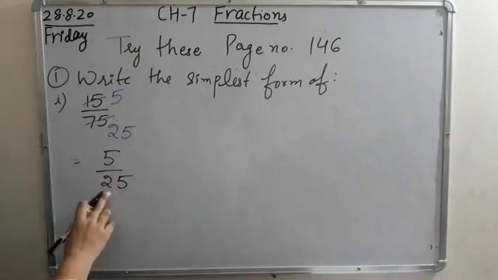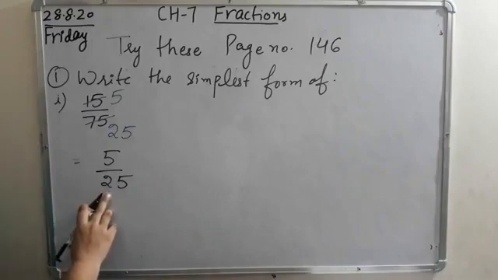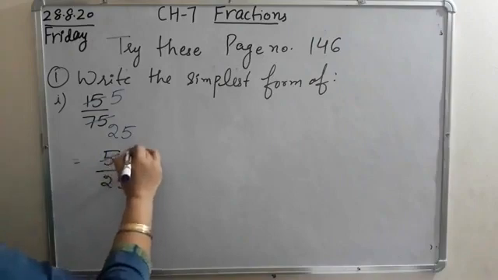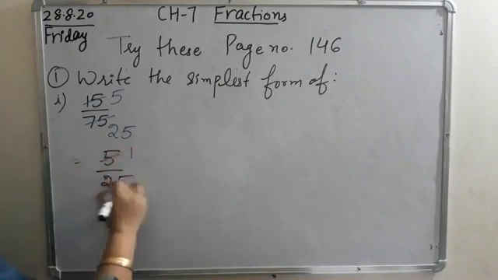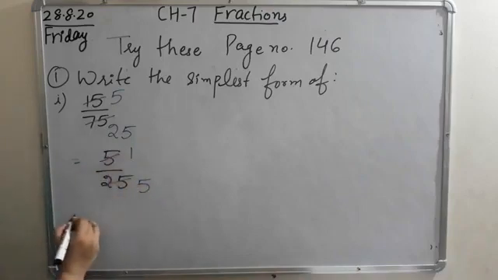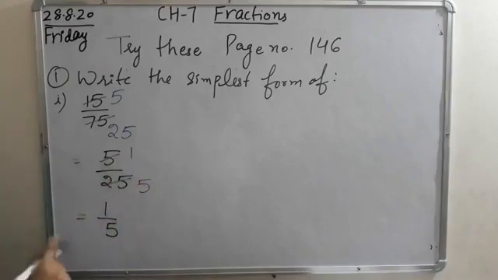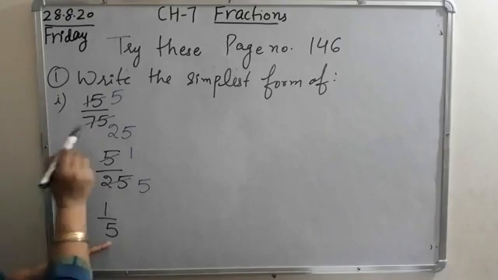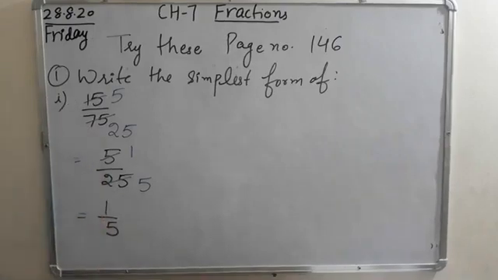Now in the second step we will make cancellation in the table of 5. 5 1s are 5, 5 5s are 25. After cancellation we will get 1 by 5 and further no cancellation is possible. So 1 by 5 is the simplest form of 15 by 75.